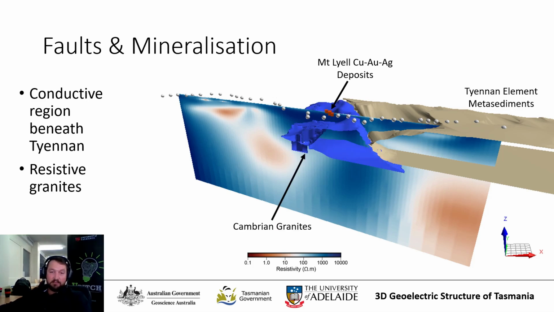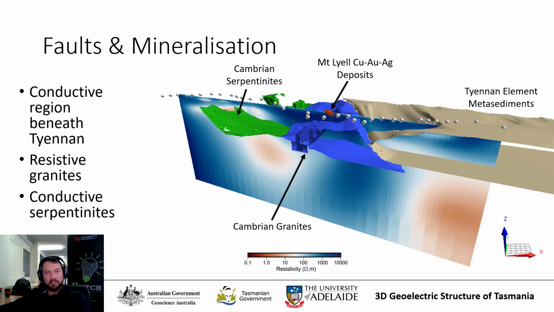More resistive parts of the model space in the central parts of the model seem to correlate quite well with inferred Cambrian granites, with the exception of where the granite is pierced by that fault structure. And further to the west, we see quite a good correlation between shallow surface anomalous conductivities and the inferred location of serpentinized Cambrian ultramafics.